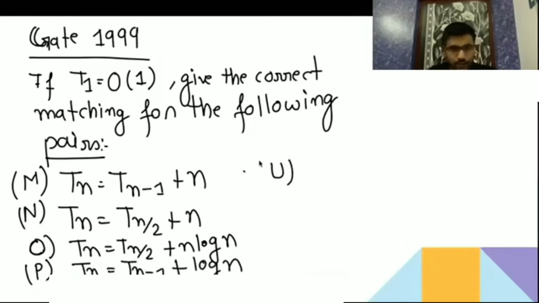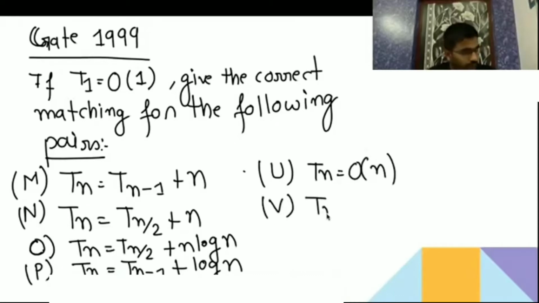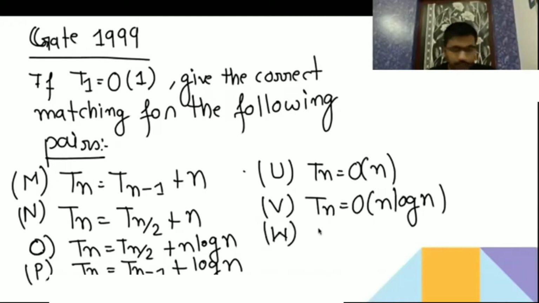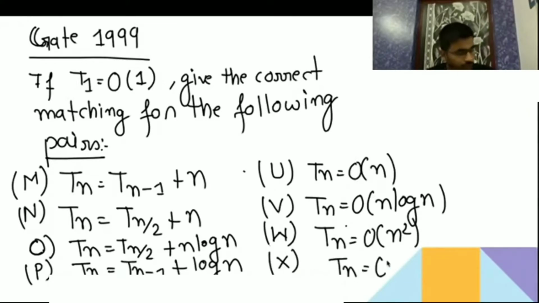So here they have given U, T of n is equal to big O of n, V is T of n is equal to big O of n log n, and W they have given as T of n equal to big O of n square, and X is T of n equal to big O of log square n.